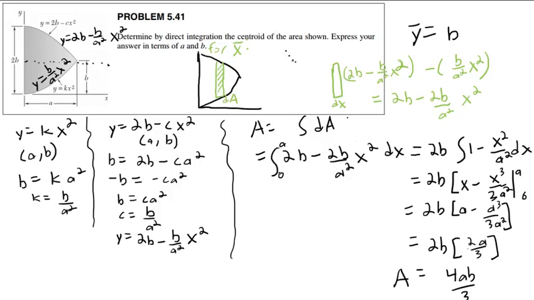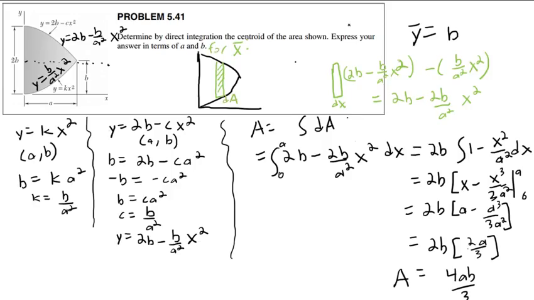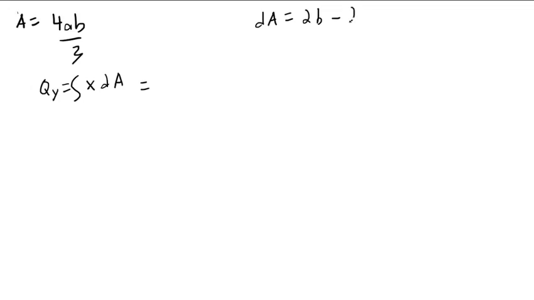Okay, so just as a reminder, dA equals 2b minus 2b over a squared times x squared. There we go, now I have it. And then qy is going to be the integral of x dA, and there probably should be a dx here as well.